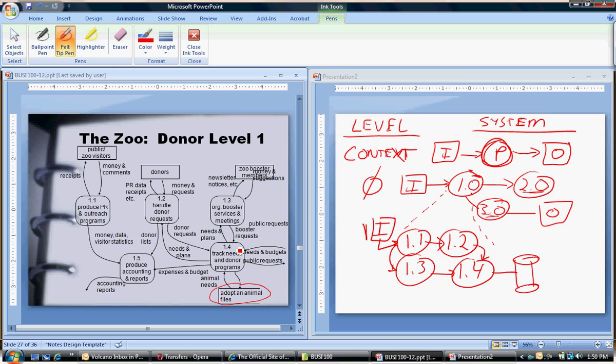I might put together a set of web pages to track the needs for those particular baby animals and also handle the requests that come in. Then I can match up the requests to the needs, and maybe produce a web page where somebody could put in a credit card number and then save that information. So now we have a way to identify which animals are available and the donors that are supporting them.